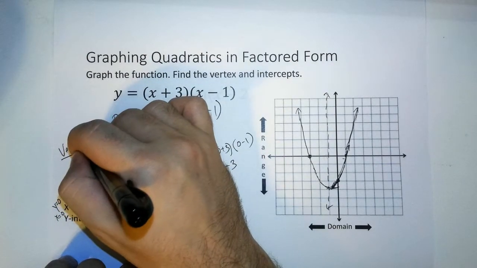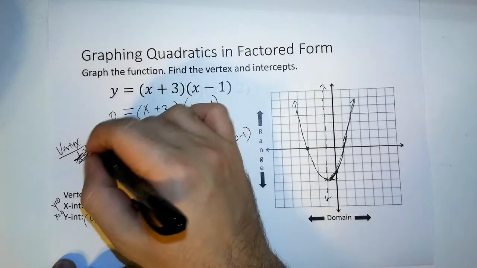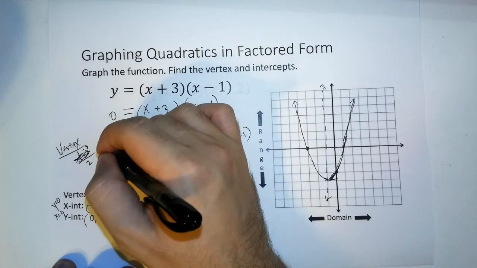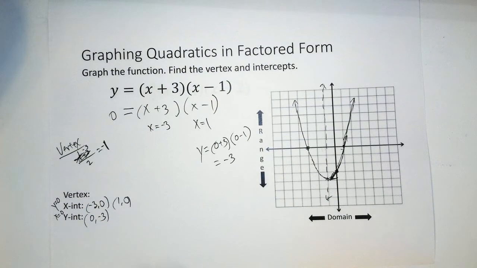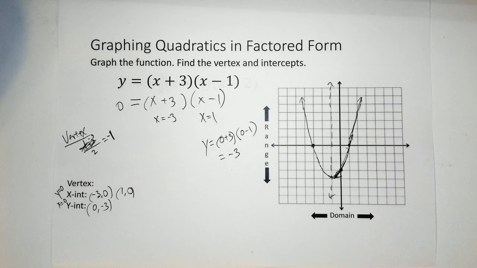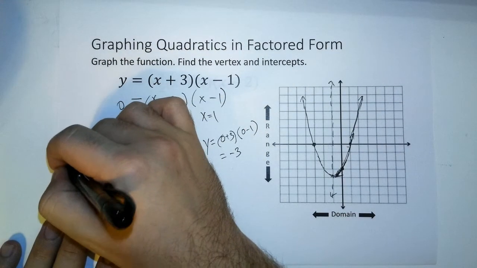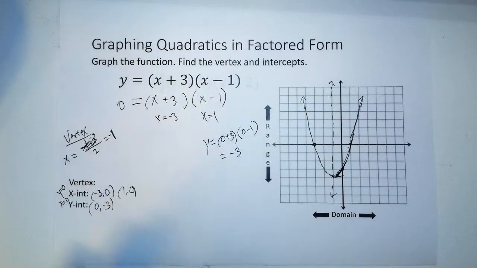It's a negative 3 and a positive 1. So 1 minus 3 is equal to negative 2, divided by 2 is equal to negative 1. There we go, that's much better. And notice I'm able to catch a mistake like that because of my graph. Your graph helps point you in the right direction. So the x value for our vertex is equal to negative 1.